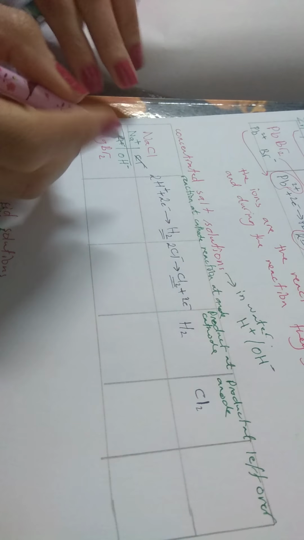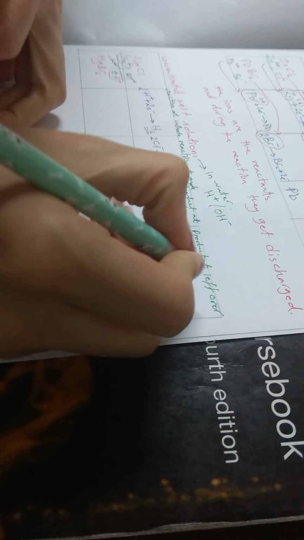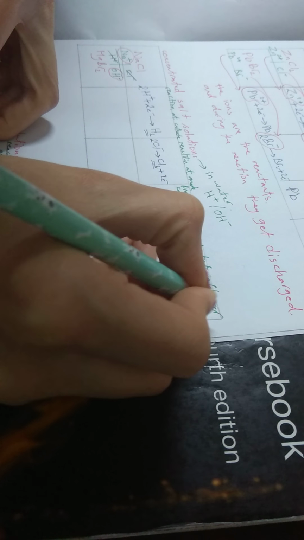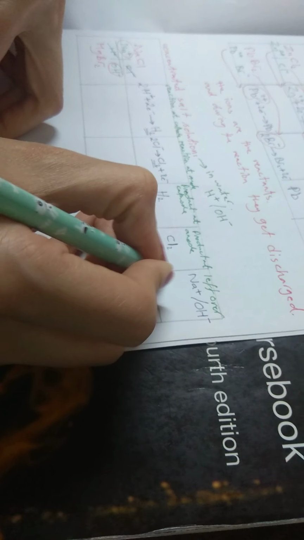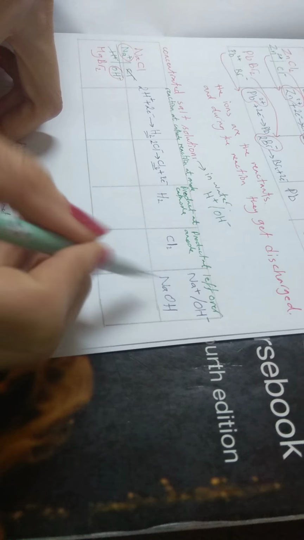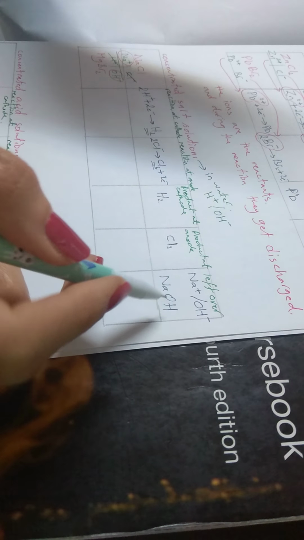Which ions are left? The Na+ and the OH-. So you can write the leftover as Na+ and OH-, and they also will react to give me NaOH. So the leftover is NaOH. Sometimes they ask about the ions from the leftover and sometimes about the compound.